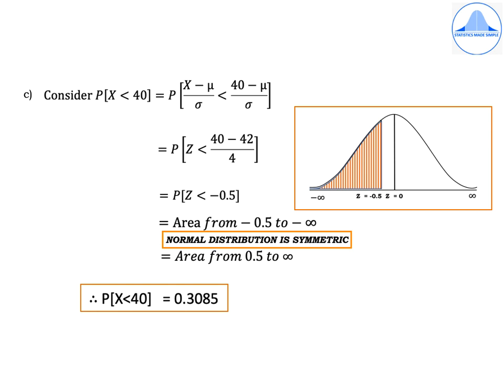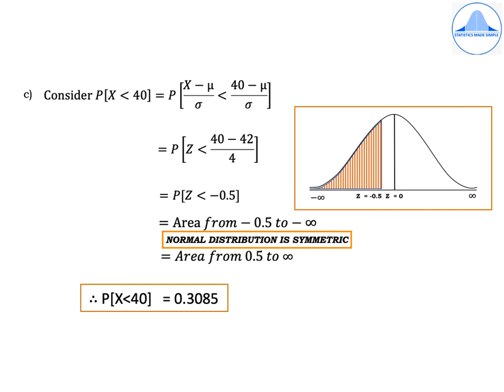Now let's find out probability of z less than minus 0.5. For that, first draw the standard normal curve, the center line as z equal to 0, the extremities as minus infinity and infinity. Now minus 0.5 is a negative value, so mark it on the left tail of the curve. And less than minus 0.5 means you have to shade to the left side of minus 0.5. So shade from minus 0.5 to minus infinity.